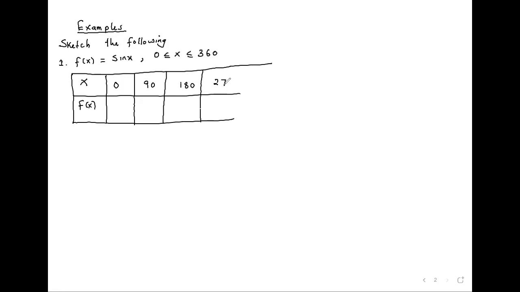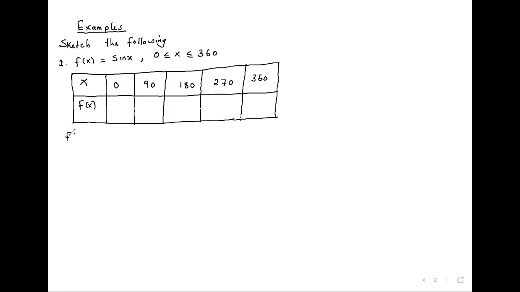So we're using spaces of 90, and then we go to 360 itself. So we could have used 30, 45, 60, but just to avoid having a long table here, we can just use these few numbers.